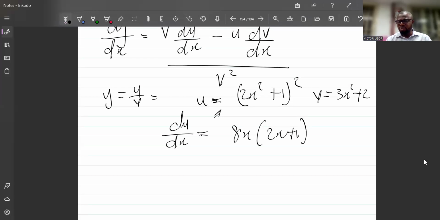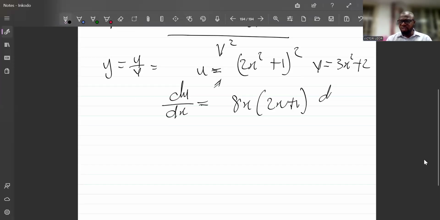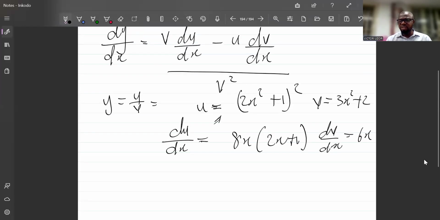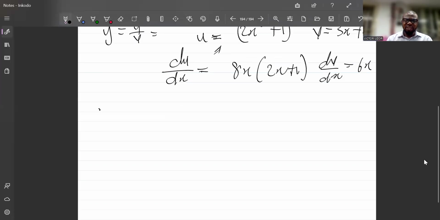This is what you get when you differentiate u. When you differentiate v with respect to x, it will give you 6x. That's all.